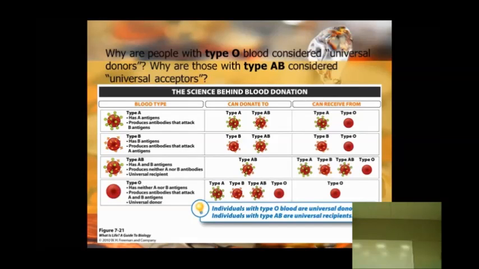Here we've got type B that has a different shaped antigen. We've got type AB that has both of them, and we have type O that has none of them. If you look through who they can donate to and who they can receive from, it's much better if you donate type O, because if you're type O, you can give blood to anyone. If you're type A, you can get blood from anyone.